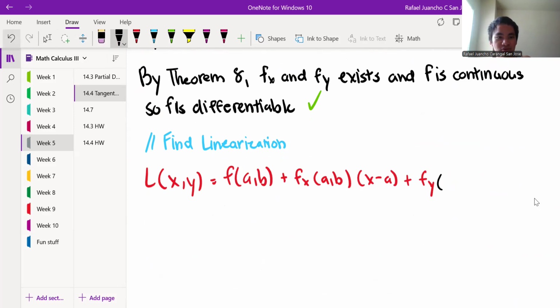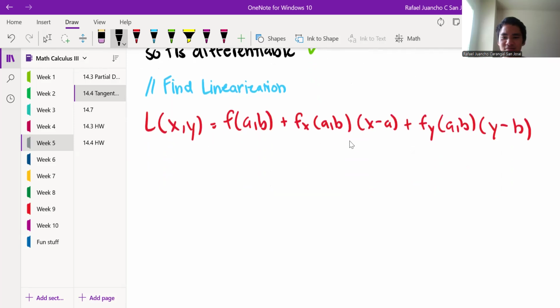Yeah, and I usually forget the formula. I just write it in red just because it's easier to look at or eye-catching when it's red.